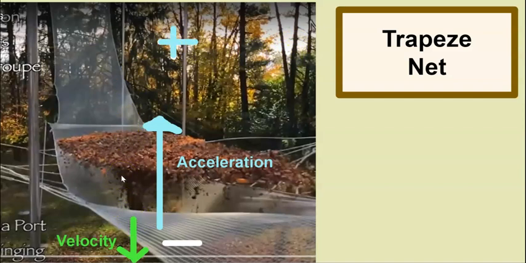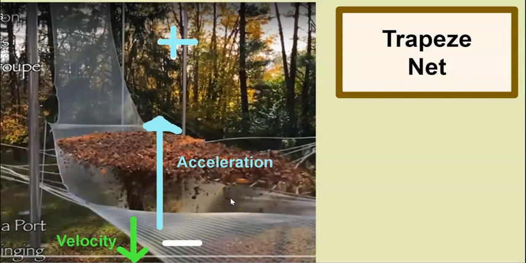Their velocity was downward, so we represent that with an arrow pointing down. In general, you can see that the velocity vector is pointing to the negative sign, which is another hint that that value is negative.